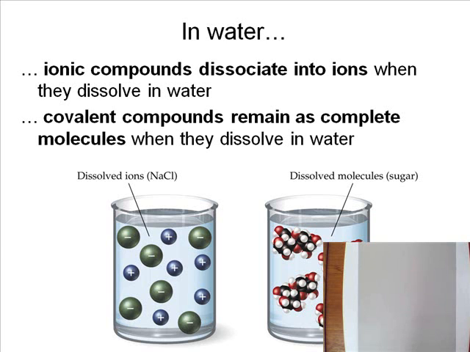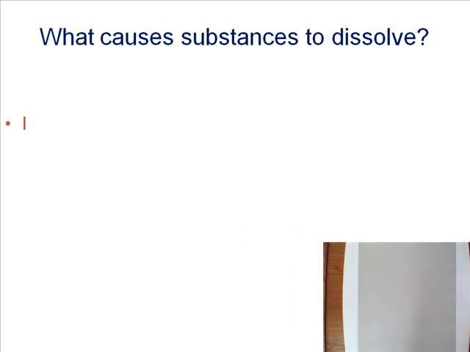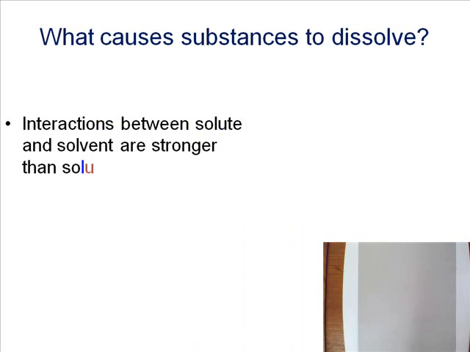Now, what you have on the right is the molecule for sugar, glucose. The glucose molecules do have a polarity aspect to them, and therefore they dissolve very well in water. But you'll notice the molecule itself does not dissolve, whereas on the left side, the entire molecule complex dissolves into separate ions.